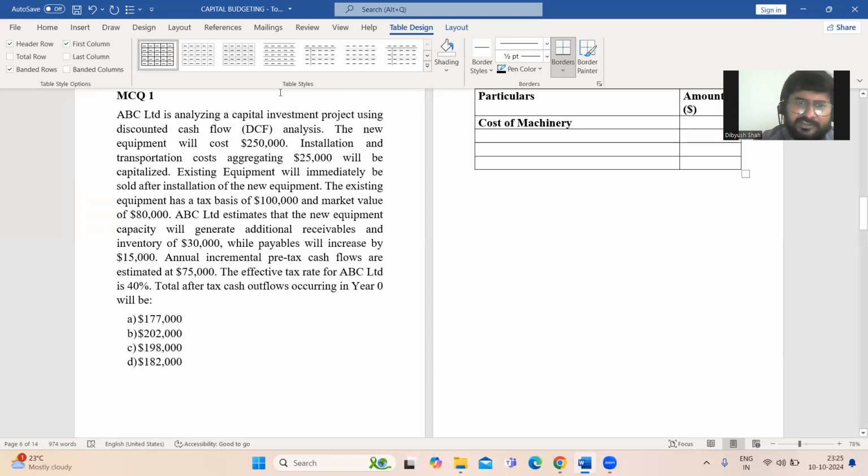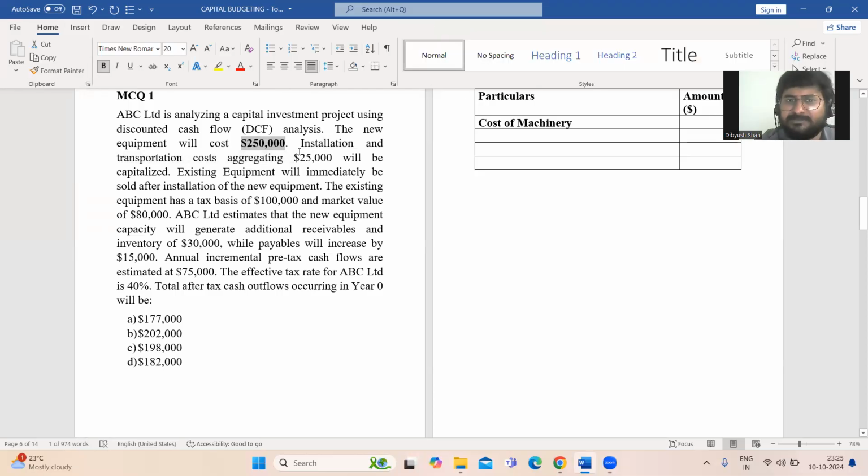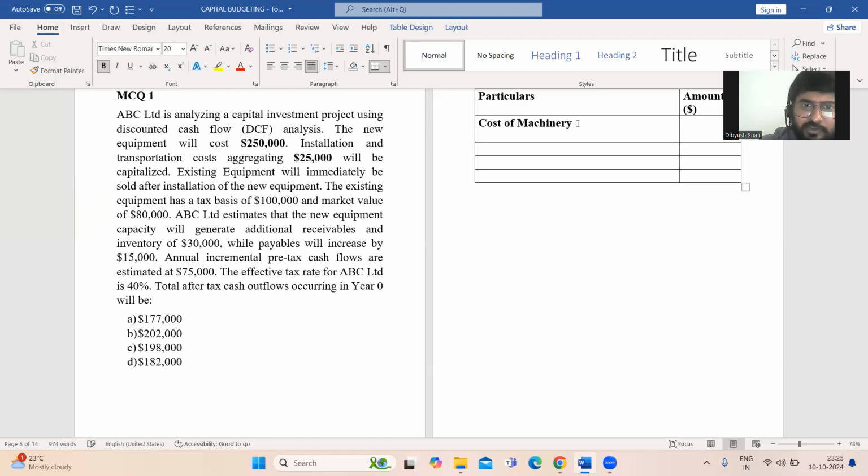In this question, they have only 2 of these costs. The new equipment will cost 250, this is the purchase price. And installation and transportation, they have put all in one place, only 25. So we add these 2 figures, we get our cost of new machinery. This is it, because there is no other cash to consider.